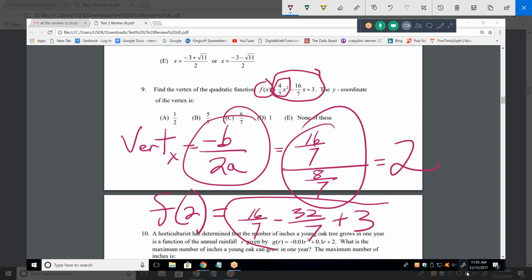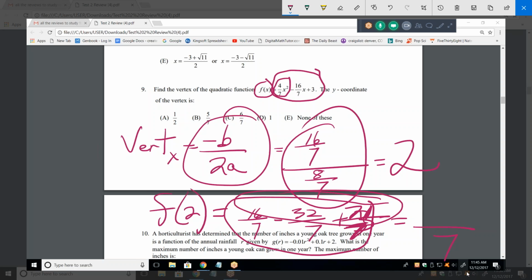We've got to figure out what that is. Well, how many sevenths is 3? 21. So I'm going to turn that into 21 sevenths. Now we have a common denominator. Let's just operate on the numerator. Our denominator is going to be 7. What's our numerator?